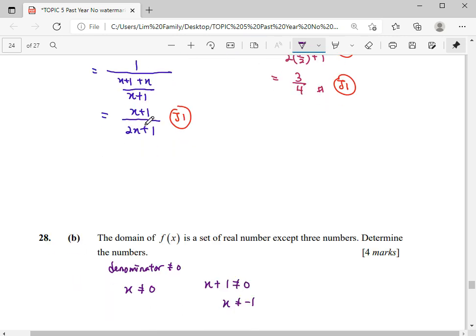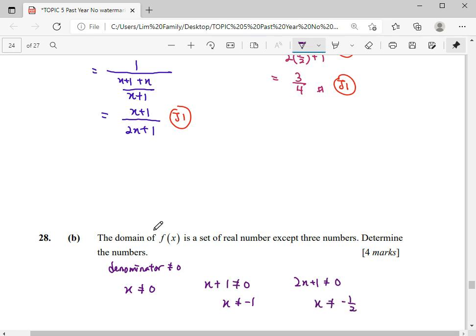When we simplify this fraction, the final simple form is x plus 1 over 2x plus 1. So this denominator cannot equal 0, which is why x cannot equal negative 1 over 2.